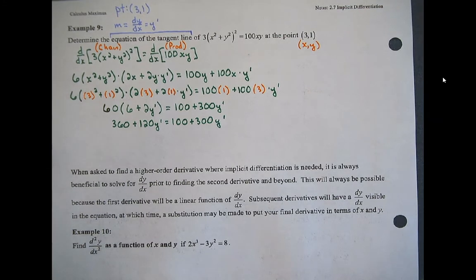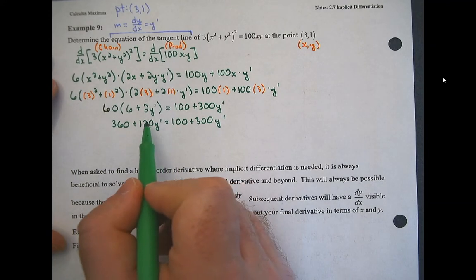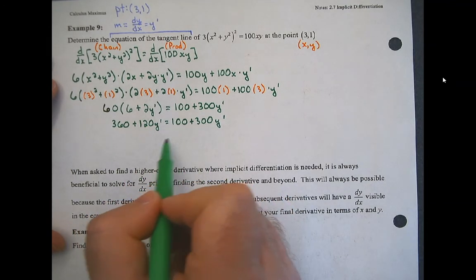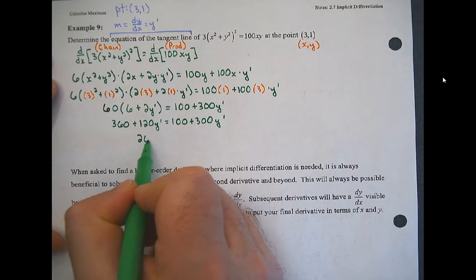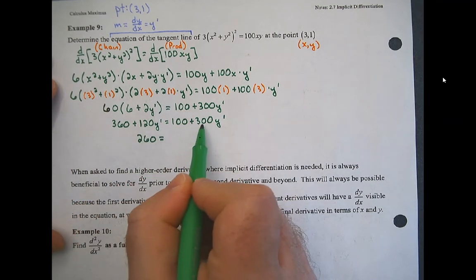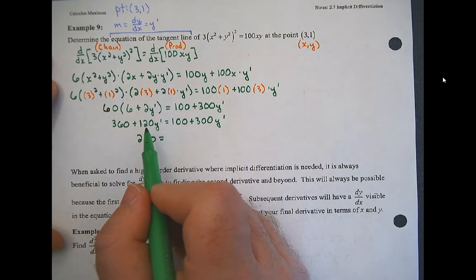And now I want to get the y prime stuff to one side, and I want to get the non-y prime stuff to the other side. So I'm going to do a double move. I'm going to subtract 120, and I'm going to subtract 100. So subtract 100, that's 260. 300 subtract 120, so that's 30 take away 12 basically, which is 180.